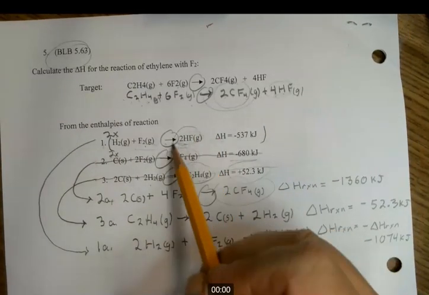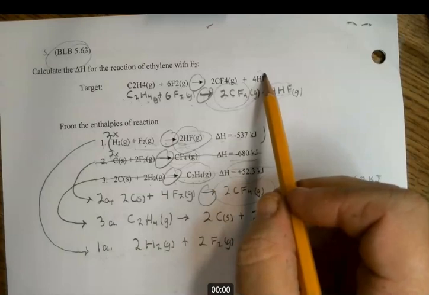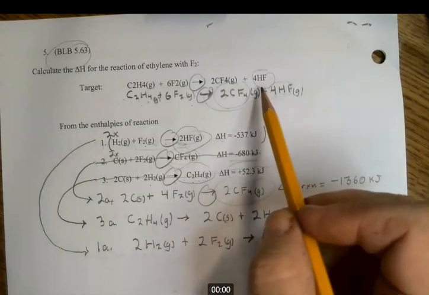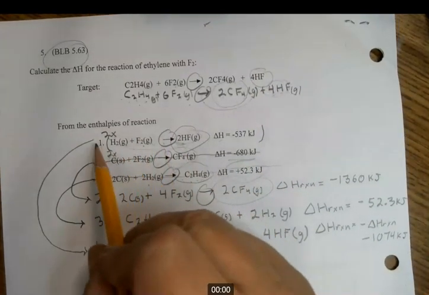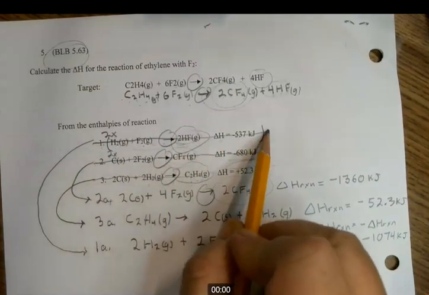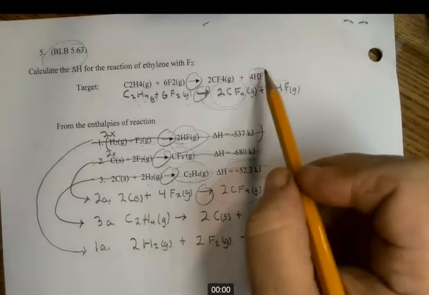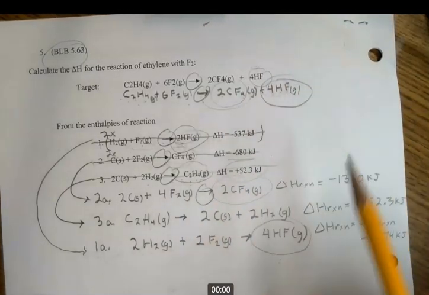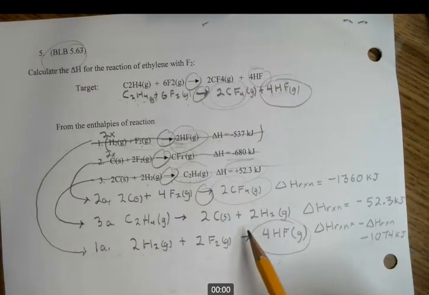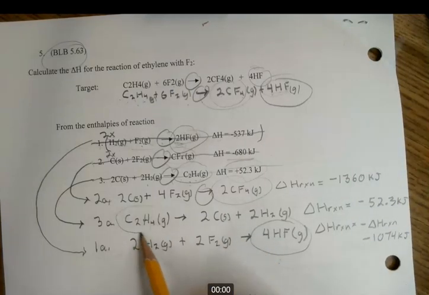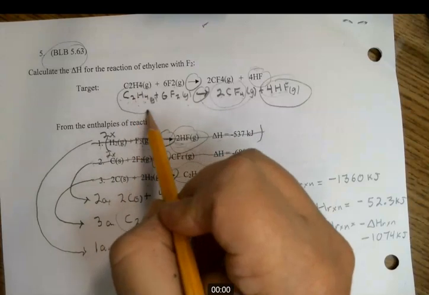I've got my 2 HFs and my 4 HFs. Or actually, I should put a line through this one. So I've used all 3. So now I'm down to dealing with it. So I got 4 HF and 4 HF right here. I've got C2H4 there and C2H4 there.